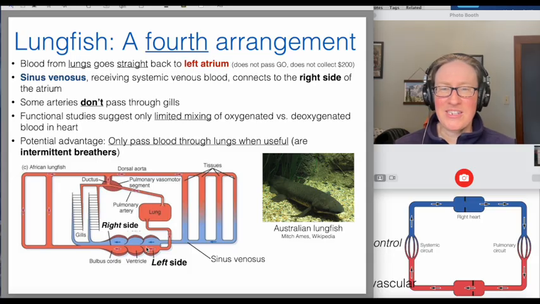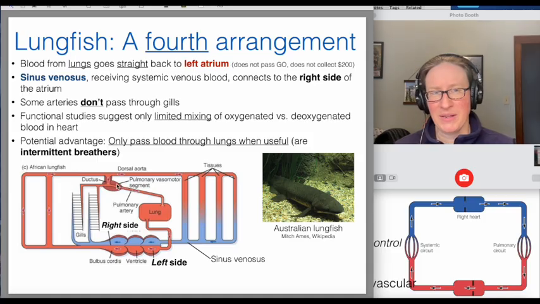So an advantage of not dividing the heart is it's then possible to strategically either flow blood through the lungs or not flow blood through the lungs, depending on how useful it is to do so. So if our lungfish is underwater, this diagram also highlights an area called the pulmonary vasomotor segment. This pulmonary artery can be vasoconstricted. If it's vasoconstricted, blood flow is going to be directed away from the lung, right?